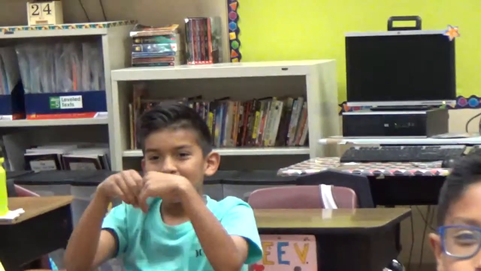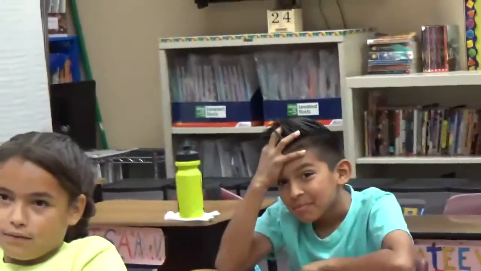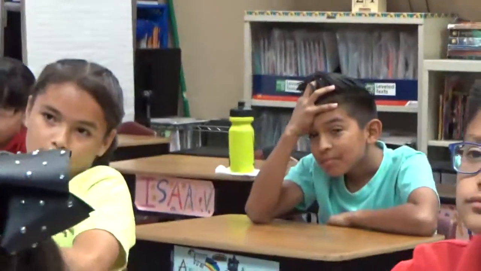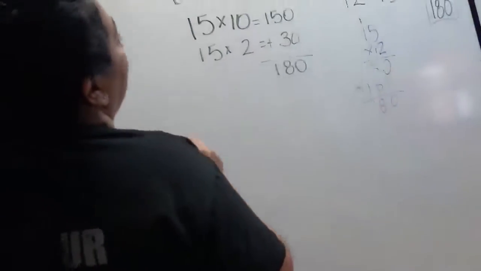And then I added them and I got 180. Good. And you called it distributive property? Now, what number are you distributing? Yeah. Okay, very good.